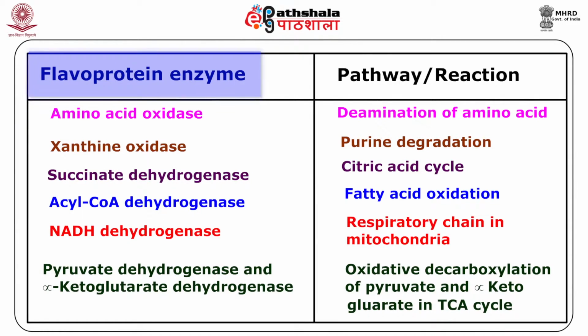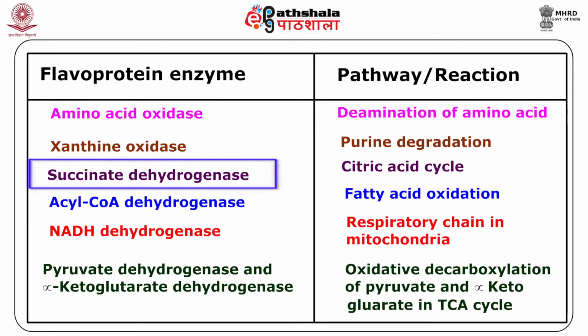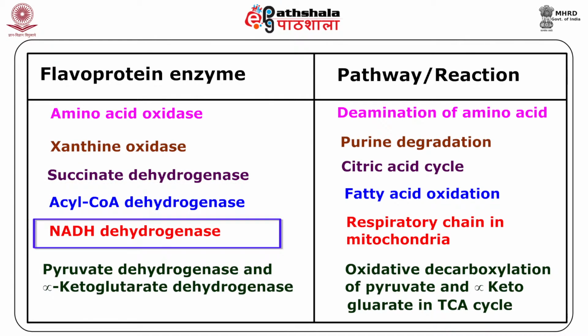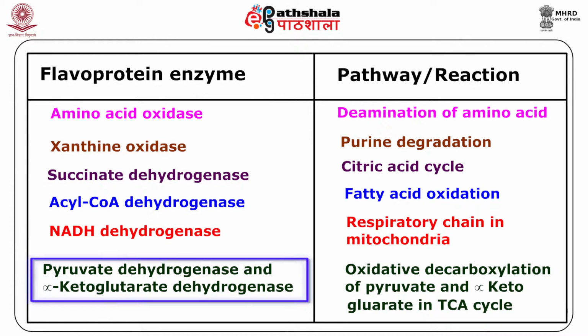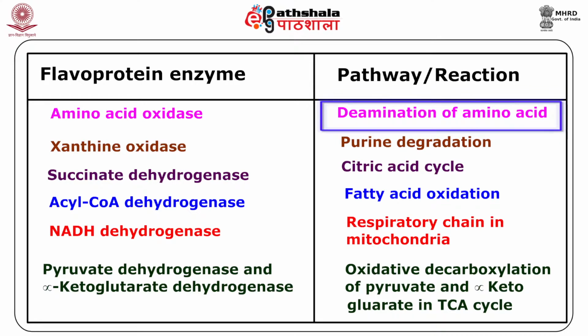Flavoprotein enzymes are amino acid oxidases, xanthine oxidase, succinate dehydrogenase, acyl CoA dehydrogenase, NADH dehydrogenase and pyruvate dehydrogenase, as well as alpha ketoglutarate dehydrogenase. The reaction involved in the case of amino acid oxidase is the deamination of amino acids.